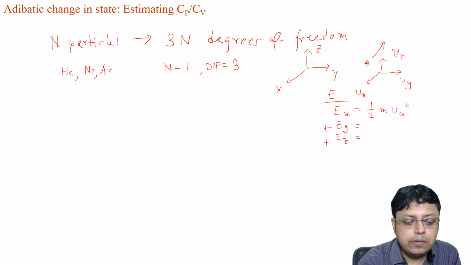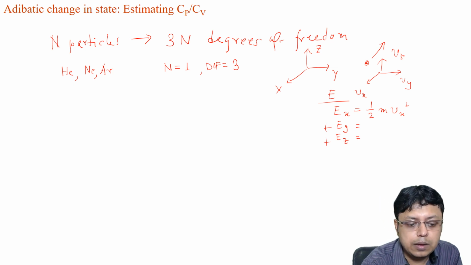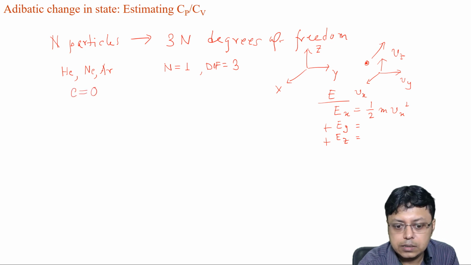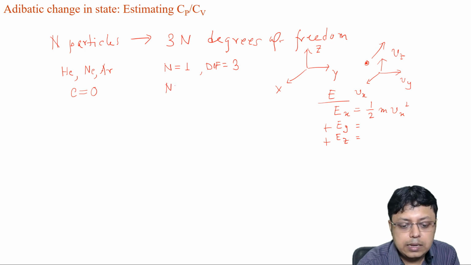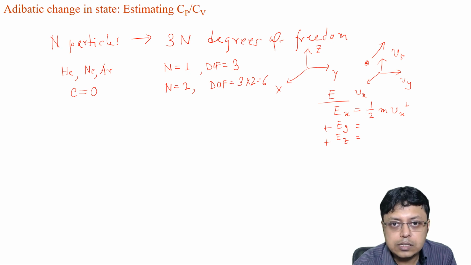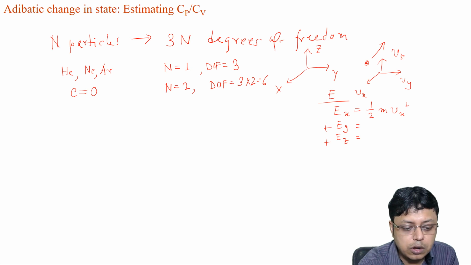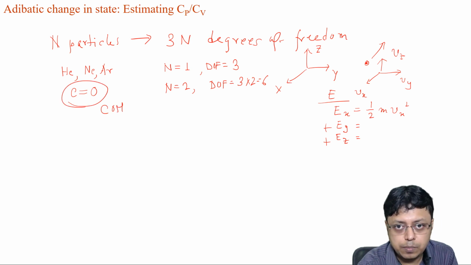Now if it is a diatomic molecule, say for example carbon monoxide, what will happen for that? For that n is equal to 2, so the degrees of freedom will be 3n, or 3 into 2, equal to 6. So 3 are as before the translational motion which describes the motion of the center of mass of this diatomic molecule.